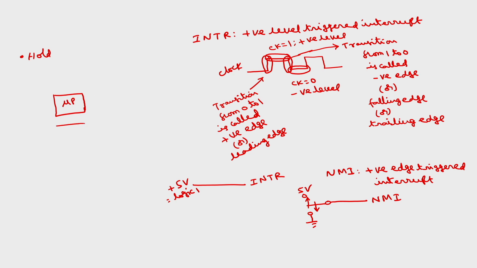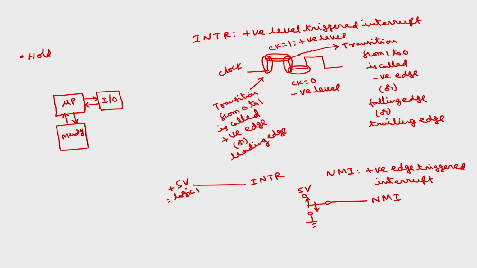We know the block diagram of a microcomputer: we have the microprocessor, memory, and IO. These two are bidirectional. This is a simplified block diagram of any microcomputer. As I have told, a microprocessor is useless unless it is connected to memory and IO.